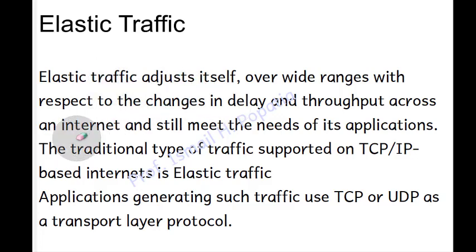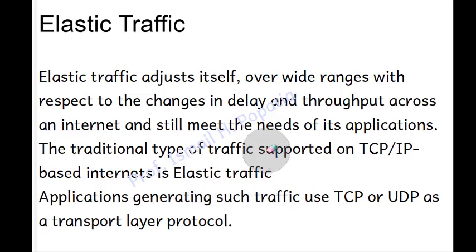The traditional type of traffic which is supported on TCP/IP is the elastic traffic. So the internet protocol which we are using, TCP/IP, supports this elastic traffic. Now applications generating such traffic, that is the elastic traffic, use TCP or UDP as the transport layer protocol.